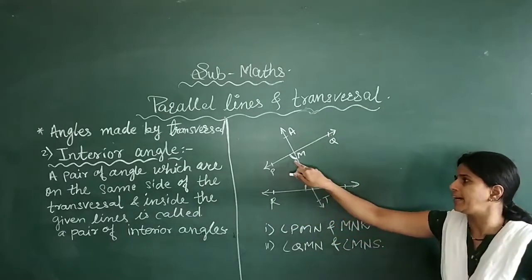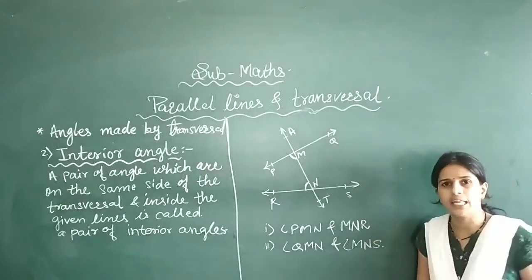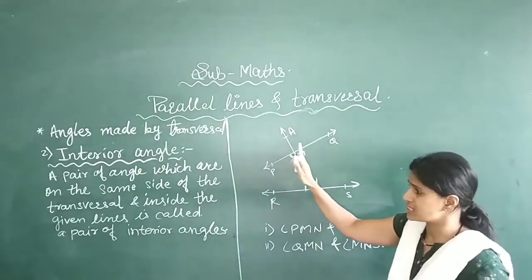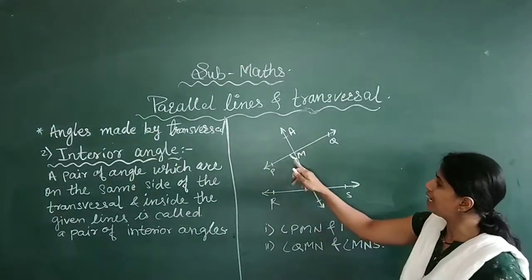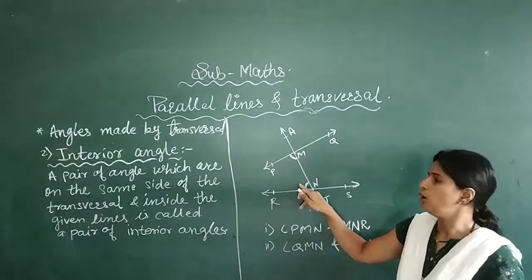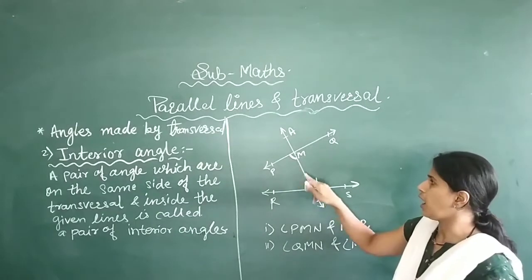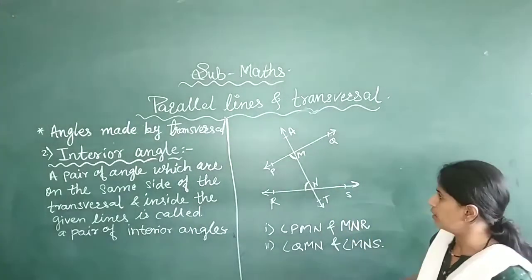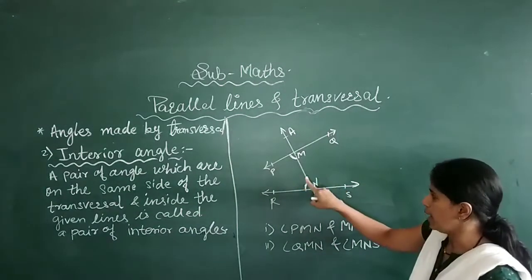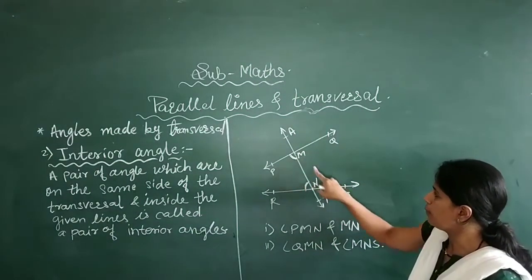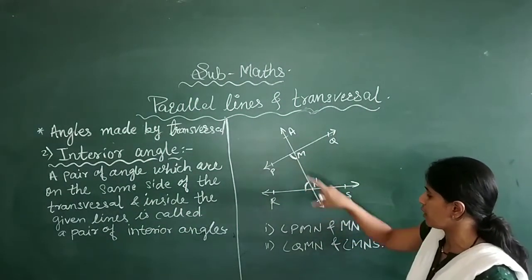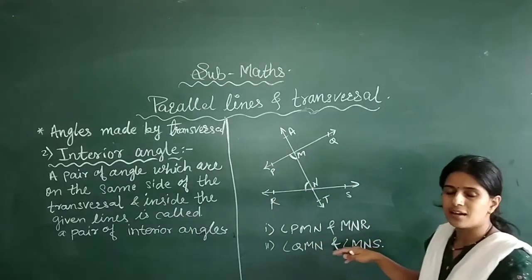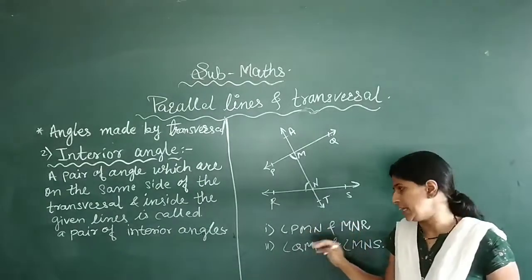These two angles are called interior angles. Why? Because they are on the same side and inside. For that reason, PMN and MNR are a pair of interior angles.